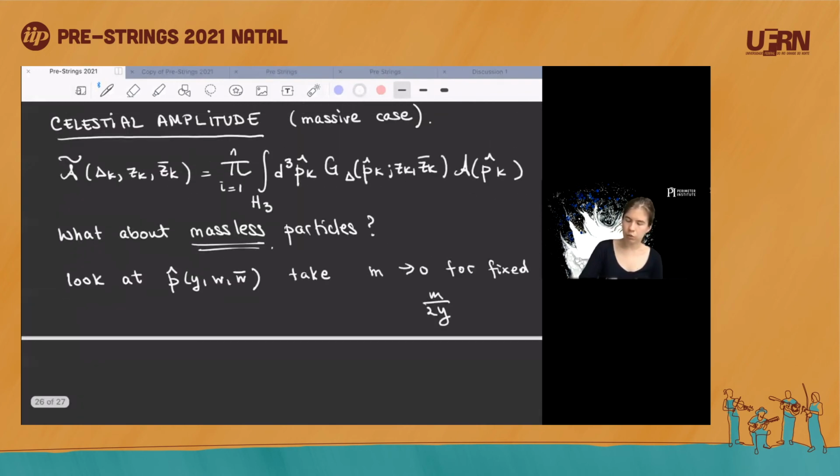And you can actually do this calculation. In the notes, there is a formula for how this bulk to boundary propagator behaves in this limit.